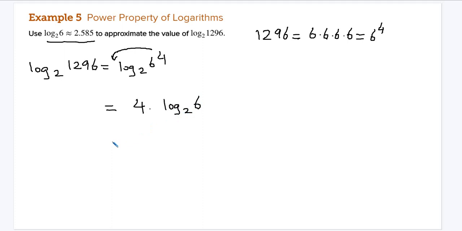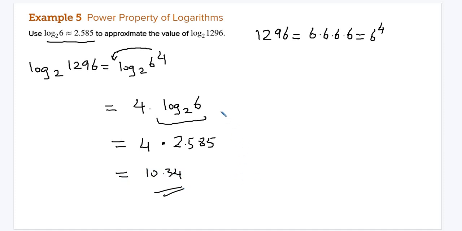Okay, and we are given what log base 2 of 6 is. That is 2.585, and we are multiplying this by 4. That will be our answer. 4 times 2.585 should be 10.34. That will be our answer.